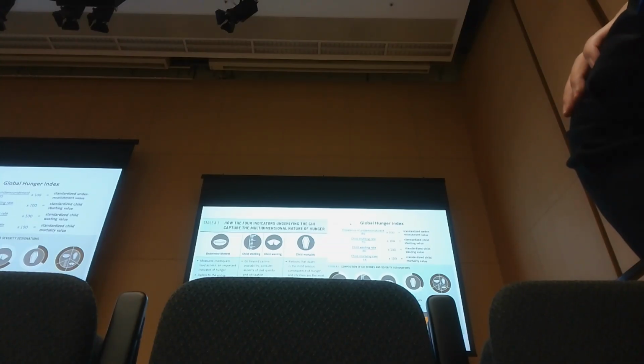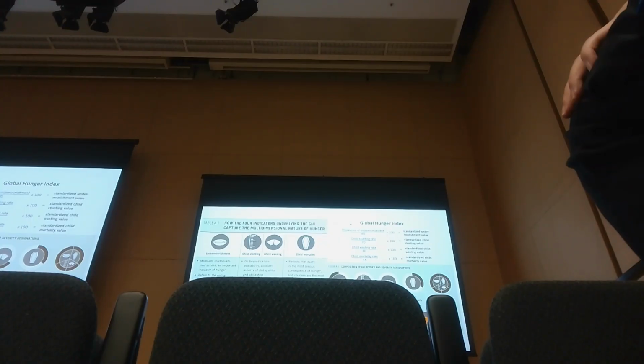And then for the children's status, stunting and wasting reflect the children's vulnerability. Basically, they are the most vulnerable groups in the population, and they are very sensitive to uneven distribution of food within the household. So we take that into consideration.